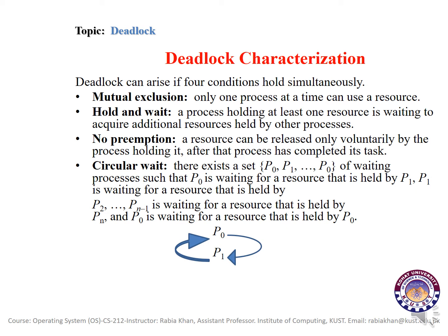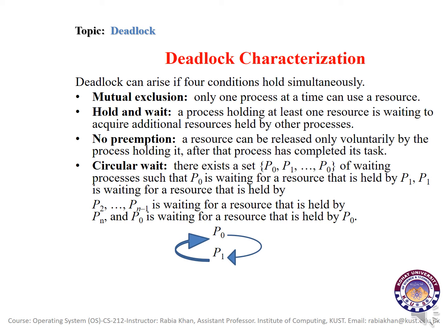Some of them were preemptive and some were non-preemptive. So here, no preemption means a resource cannot be taken away from a process forcefully. The process can only voluntarily release the resource after its use.